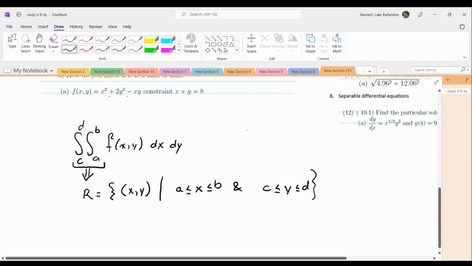So this is just a rectangle. We can draw it. I recommend drawing a picture for a lot of this multivariable calculus. So this is our region. And this is no problem to switch the order of integration.